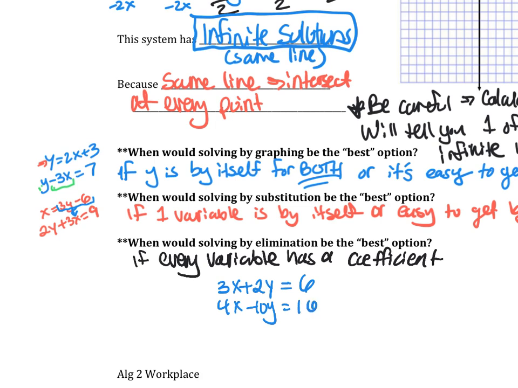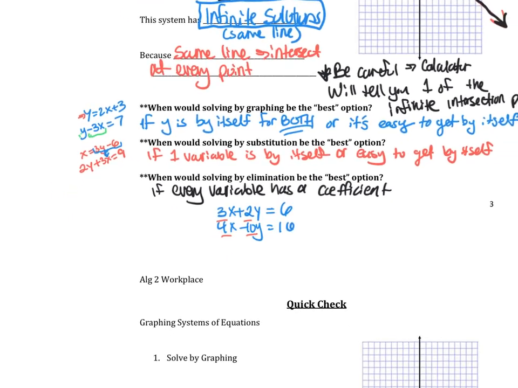So something like that, where there's a number other than 1 in front of all the variables, elimination is probably going to be the best. So again, any 3 will work. You can pick your favorite. It will work. Some just might take a little bit more work depending on how the equations are set up.